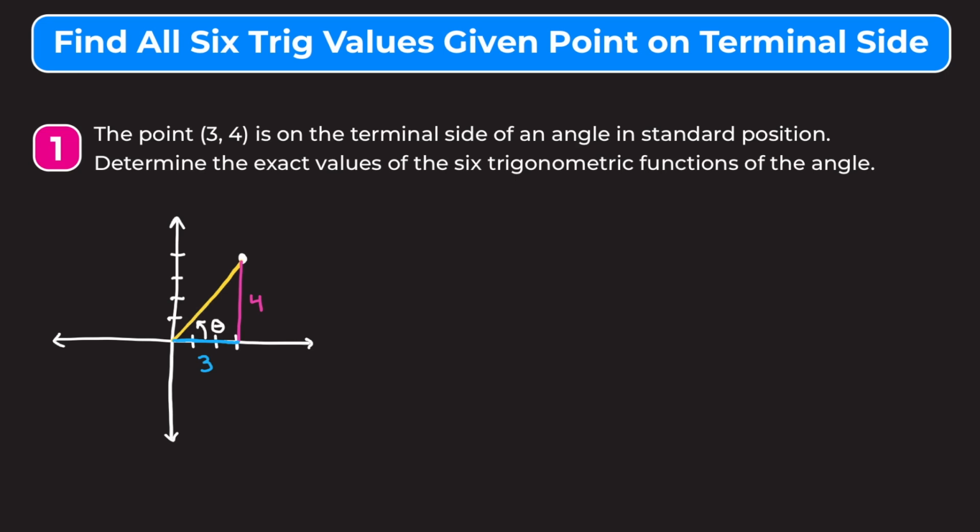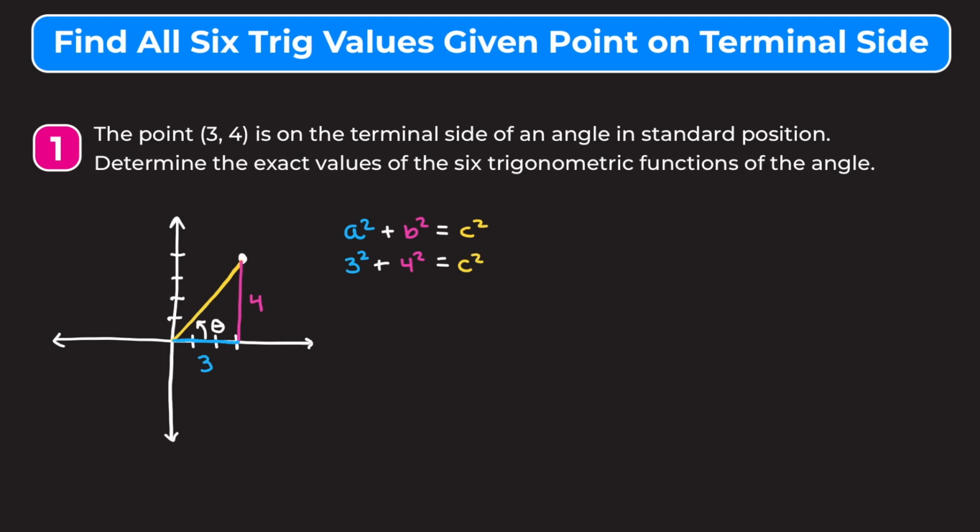So we're going to use the Pythagorean theorem. The Pythagorean theorem is a squared plus b squared equals c squared, and we're just going to plug in what we know. Here, a squared is 3 squared, and we add that to our other leg squared, so 4 squared, equals our hypotenuse squared. We'll just leave it as c squared.